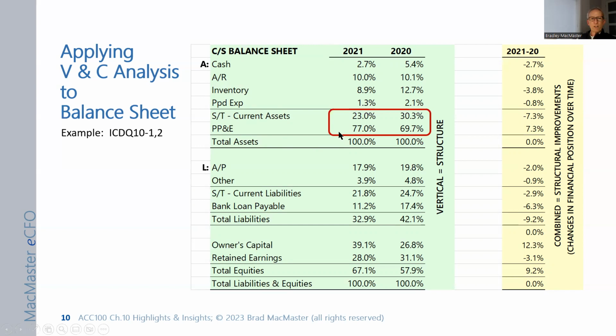But look what happened in the current year. This asset mix changed significantly, where we're now 23% current assets and 77% long-lived assets, right? And of course, you can see over here that this change of 7.3% is like out of one category into another category.